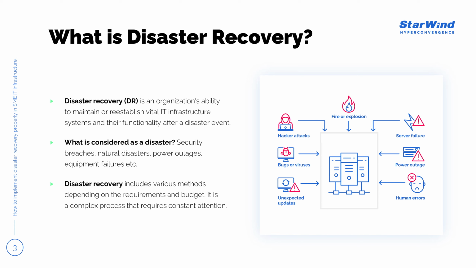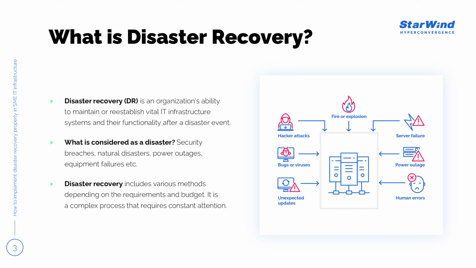So DR is about maintaining or recovering IT infrastructure systems, and most importantly, their functionality and the services they provide. Disaster recovery usually, but not exclusively, relies on a second, ideally remote, location, be it in another facility, city, or cloud.